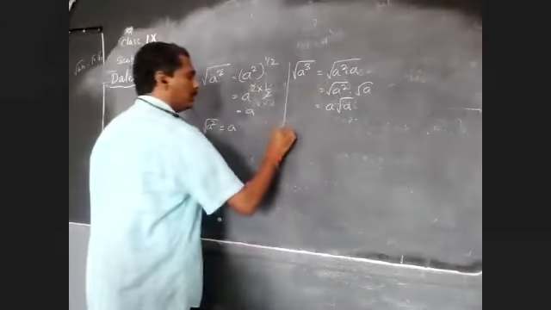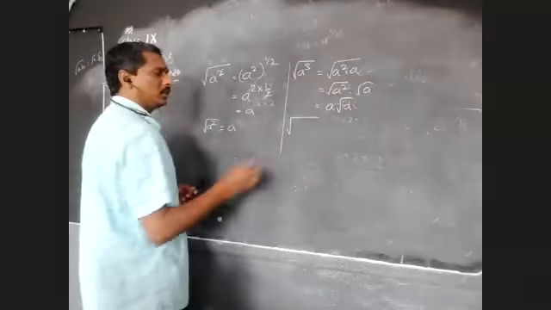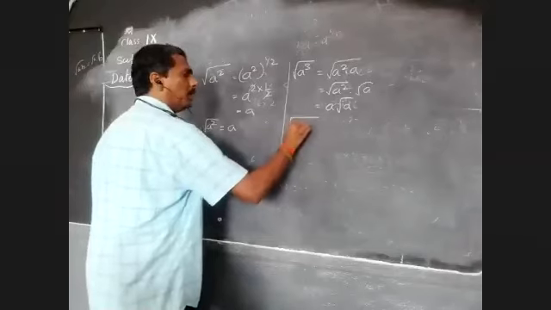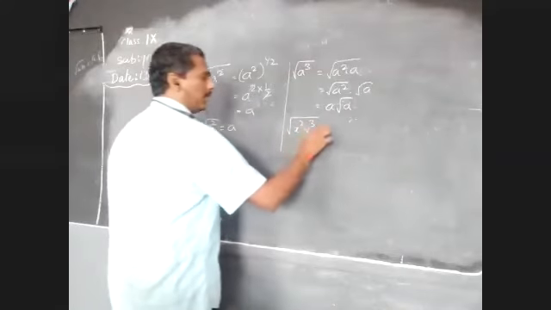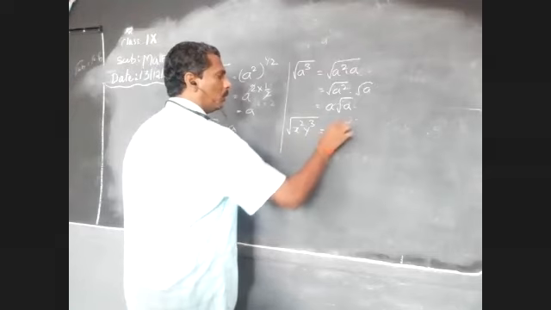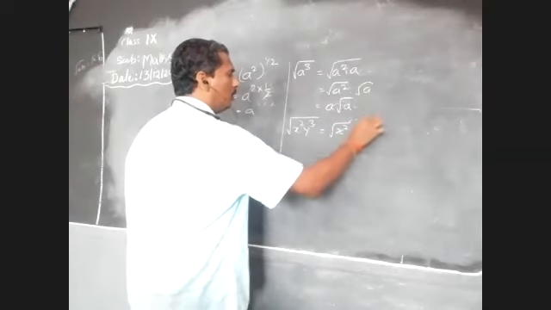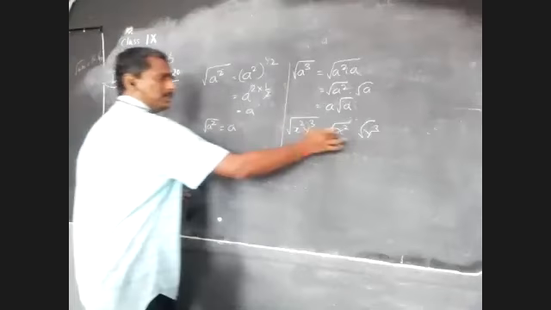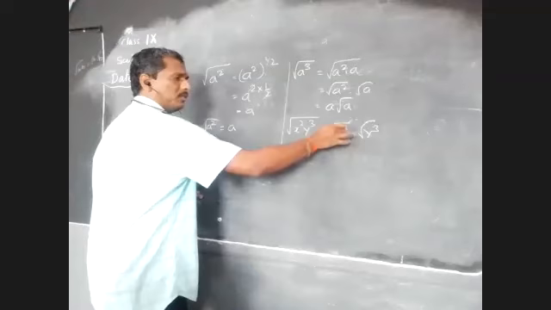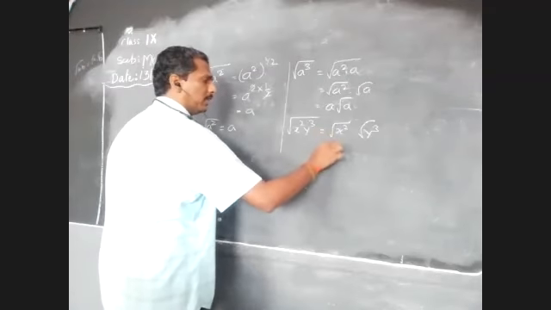Suppose in this one, two variables are given here. Suppose x square y cube is given. So it can be written as root A into root B: root of x square into root of y cube. So in the place of A, x is there. So x square, square root of x square is x.